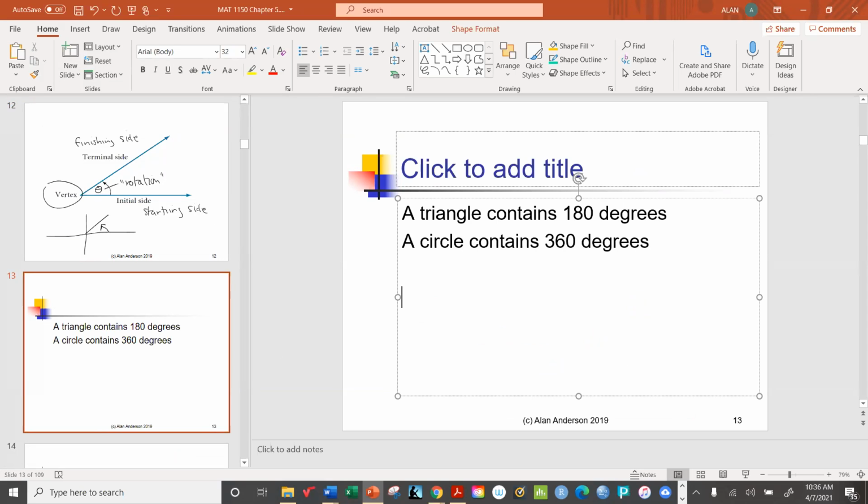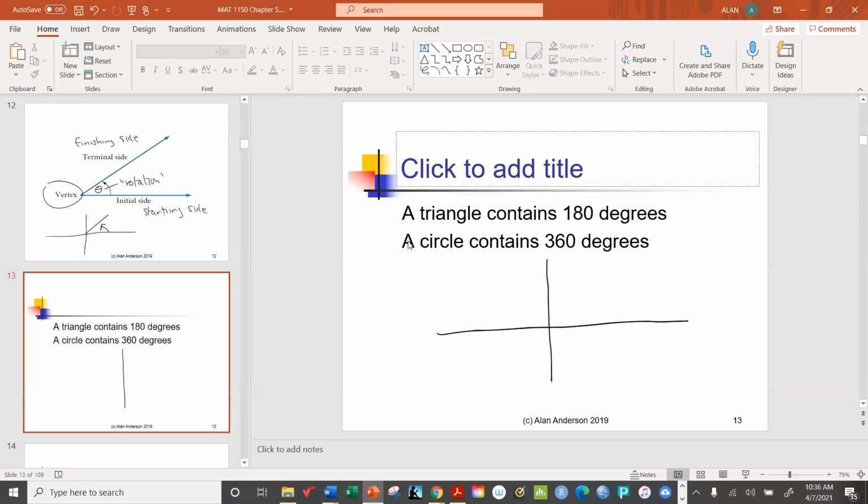So if you were to start, let's say you look at the XY coordinate system, and this is, of course, X and Y. These are the four quadrants. The distance from the x-axis to the y-axis is 90 degrees.